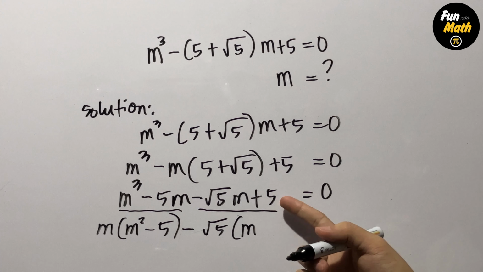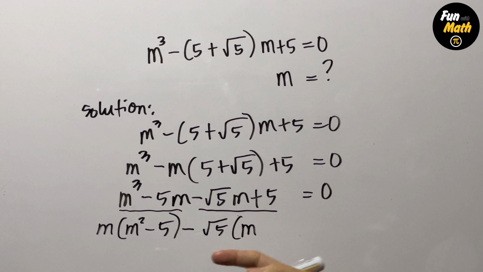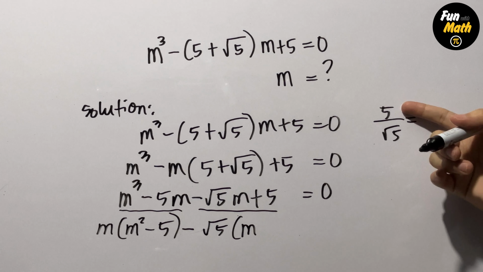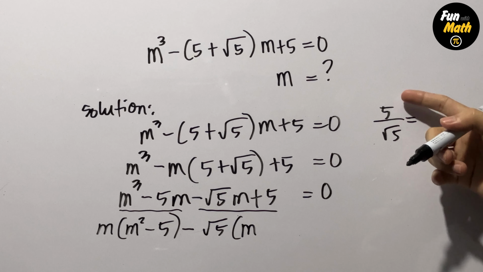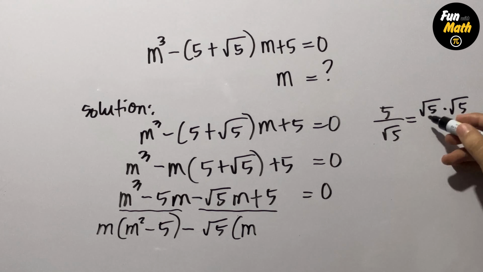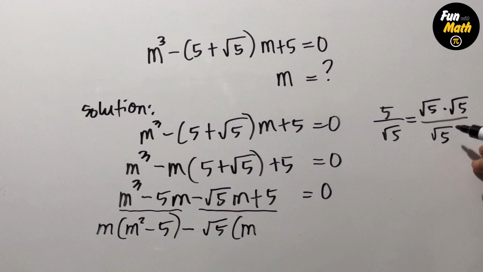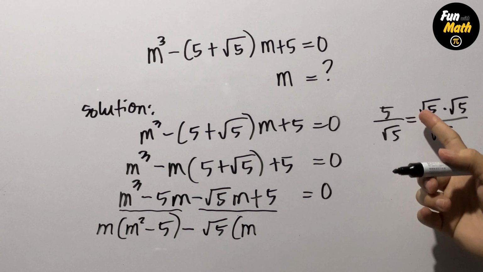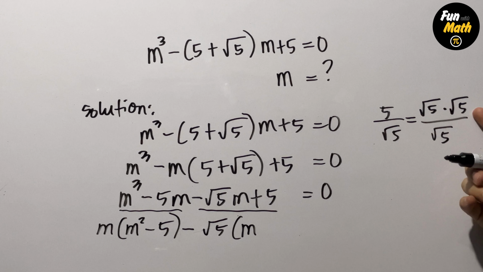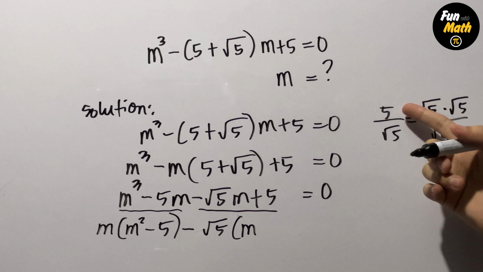And then 5 divided by square root of 5, that's equal to, for the numerator 5, we can write it as square root of 5 times square root of 5 all over square root of 5. Why? Because if we multiply square root of 5 times square root of 5, that's square root of 25, and the square root of 25 is 5.